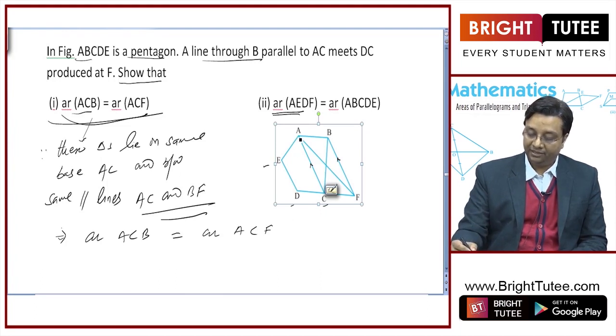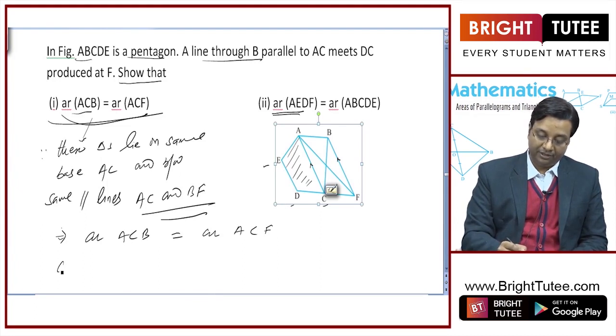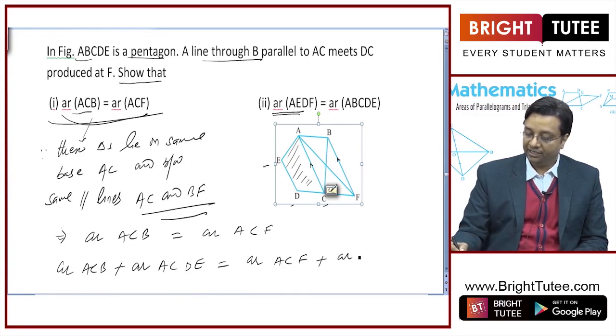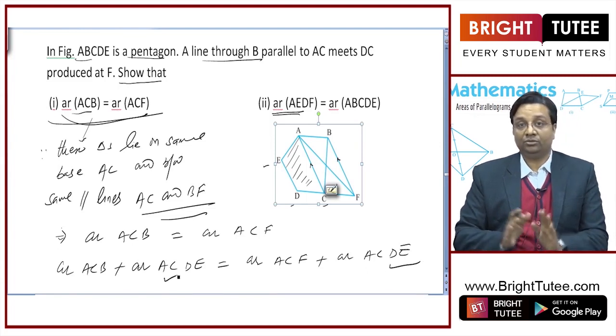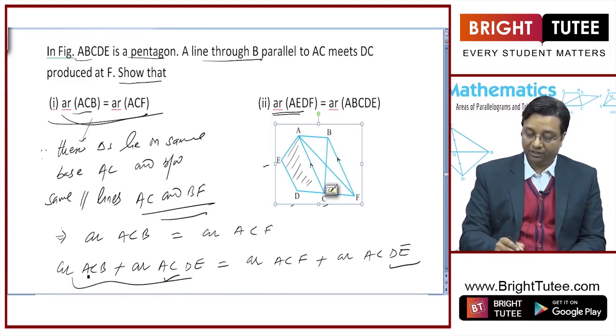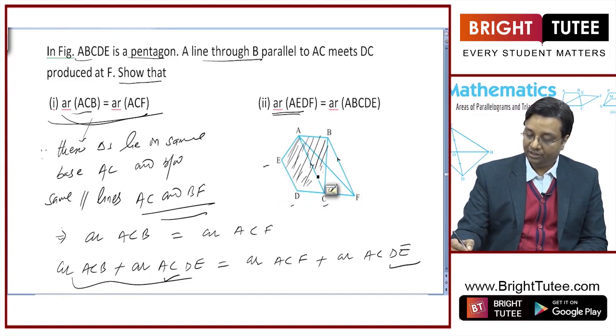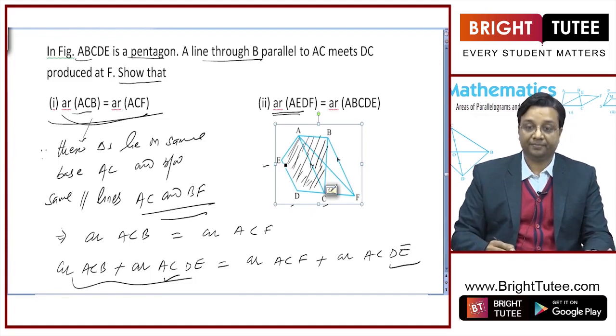Now if I add this area on both sides, what will happen? Area of ACB plus area of ACDE will be equal to area of ACF plus area of ACDE. I have added equals to equals, so the results will also be equal. Now what are the results? ACB is this. If you add this area into this, you will get ABCDE.